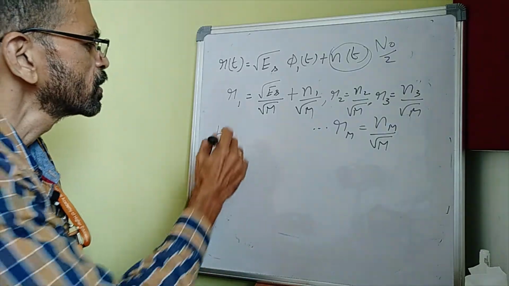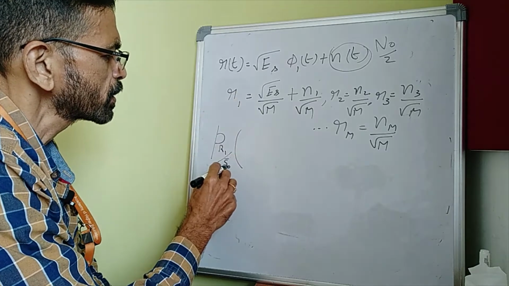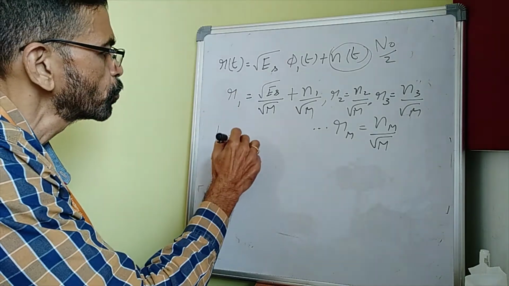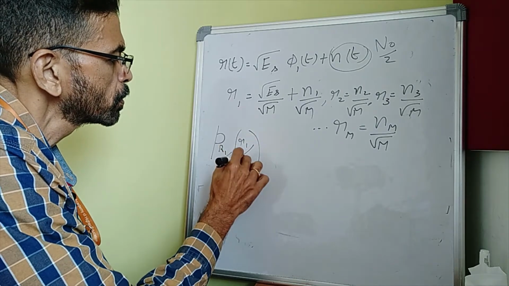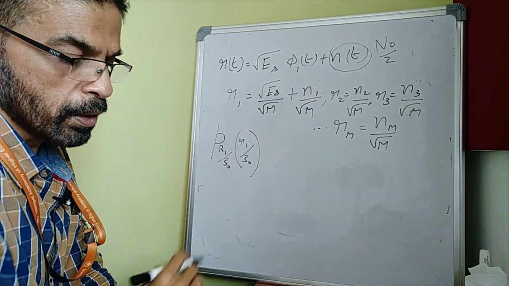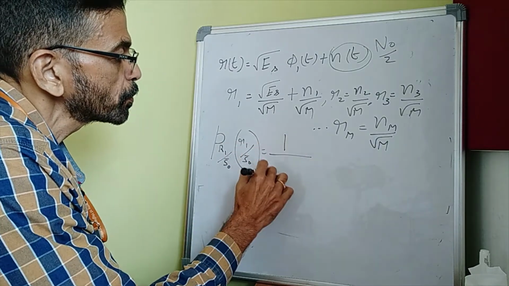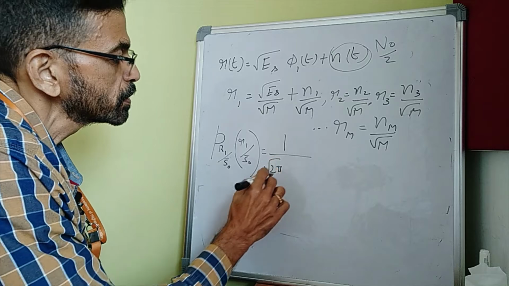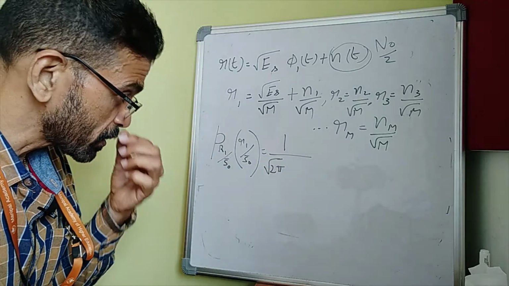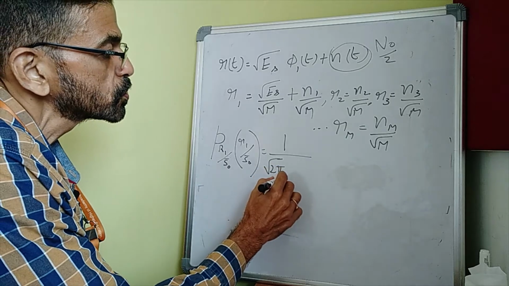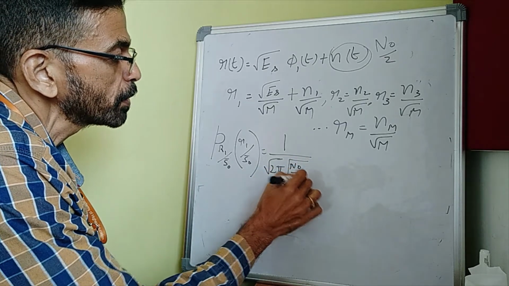So the conditional density function of the received random variable R1 given that S0 was transmitted is equal to 1 by root of 2 pi sigma, where sigma is the standard deviation, which will be the square root of N0 by 2M.